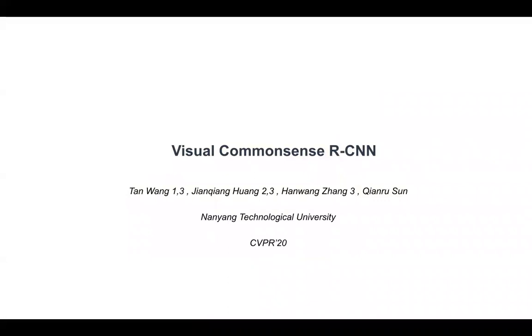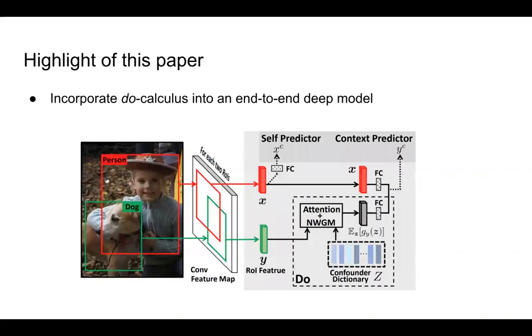Okay, the second paper is called Visual Commonsense R-CNN. It's much more of a computer vision paper, by some people from Singapore, and it was published in last year's CVPR. The highlight of this paper, which made me very excited, is that it incorporates the do-calculus into an end-to-end deep model.